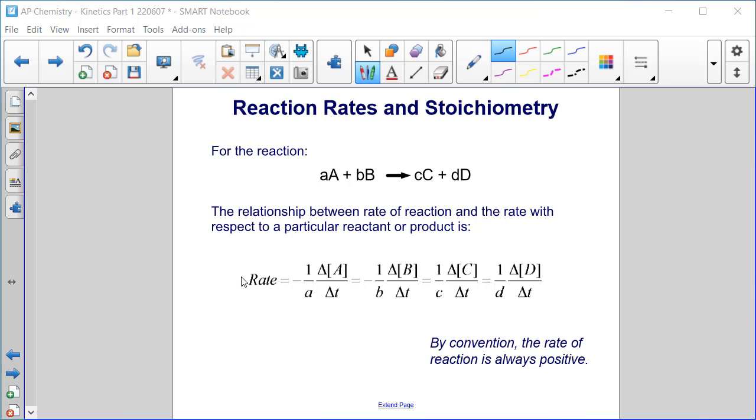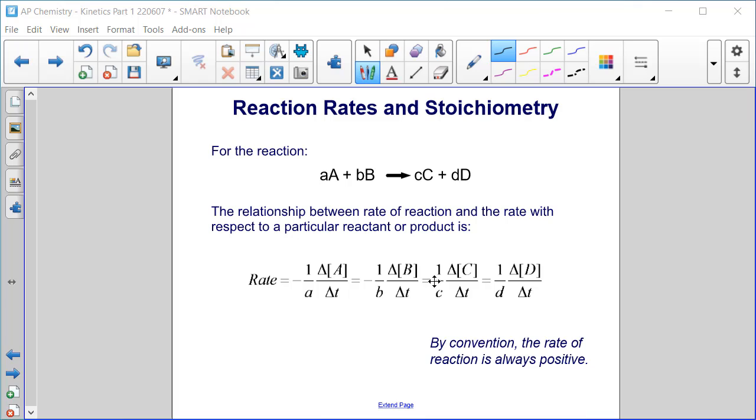The rate for the reaction is equal to negative 1 over this coefficient for reactant A times the change in concentration of A with respect to time. And then we just repeat that for reactant B, again with the negative sign.